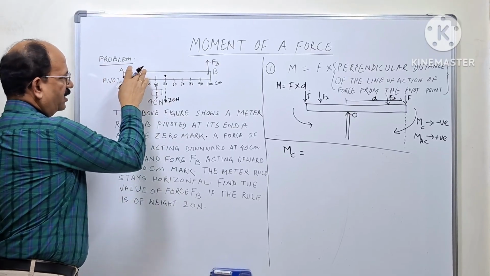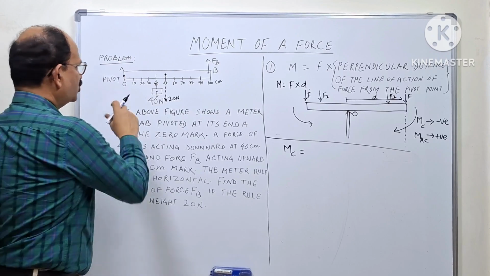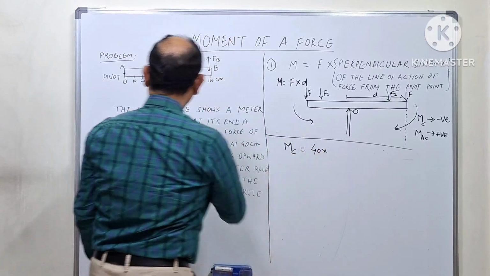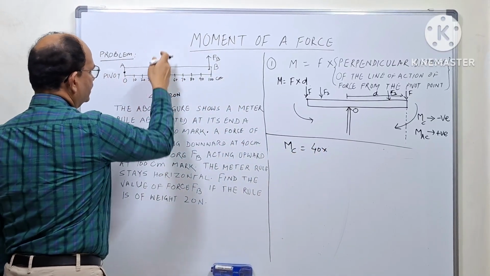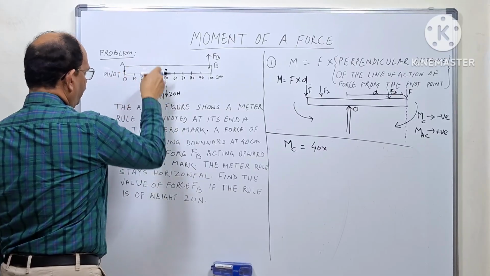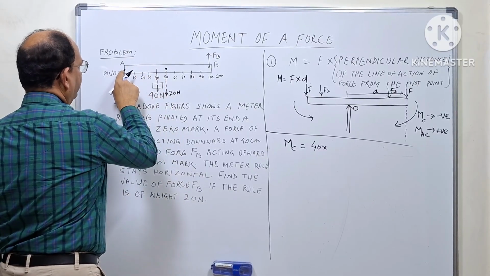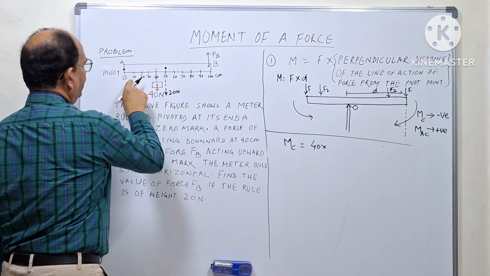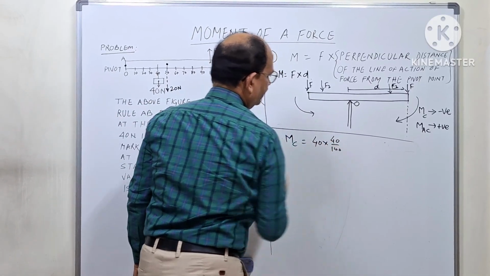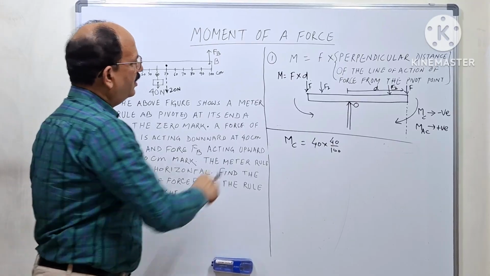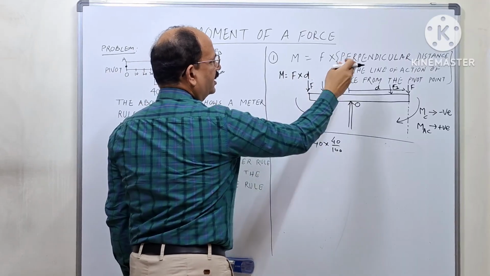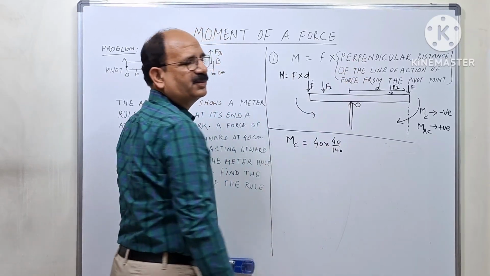So it will try turning the rod in the clockwise direction. What should be its value? This is the force 40 Newton. And from the pivot point, the perpendicular distance of line of action of force is 40 centimeter. So 40 by 100 meter will be the perpendicular distance. That is how we calculate moment of the force. Force multiplied by perpendicular distance of the line of action of force from the pivot point.